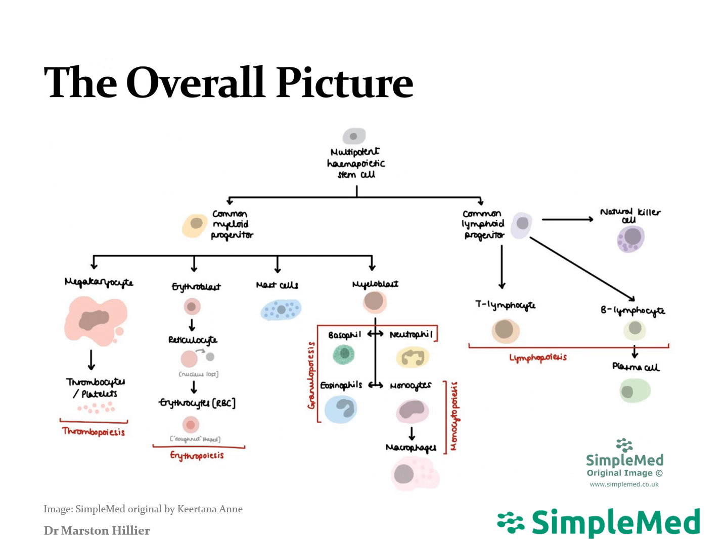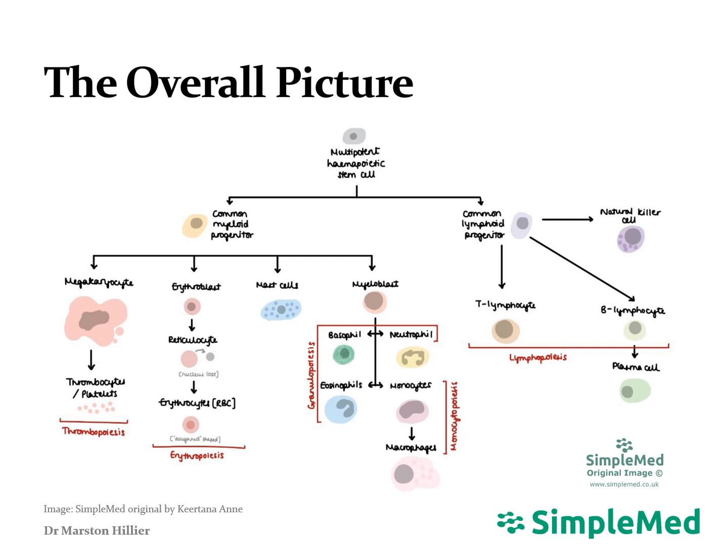And here's the overall picture so far. To summarise this, a multipotent stem cell splits into one of either a common myeloid progenitor or a common lymphoid progenitor. The myeloid progenitor leads to the production of platelets through megakaryocytes, erythrocytes through reticulocytes and erythroblasts, and granulocytes such as neutrophils and macrophages through the myeloblast.